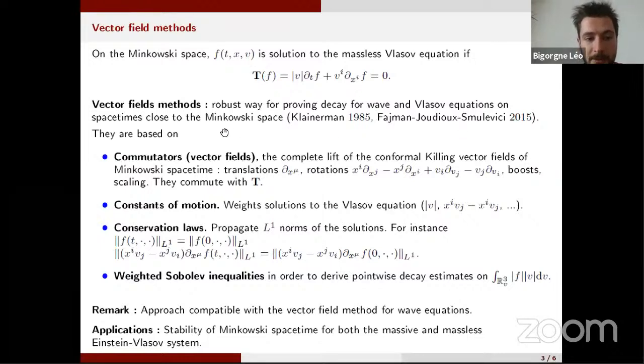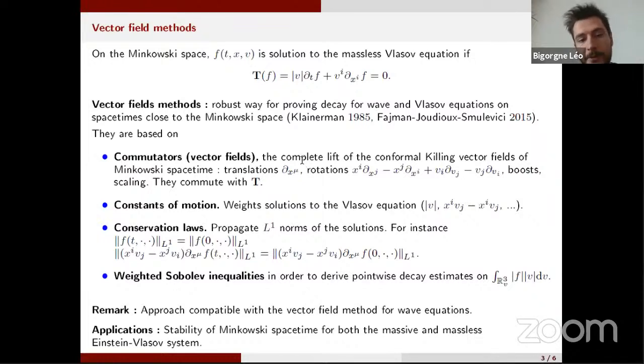So the main ideas are the following. First, we need a set of commutators, which are vector fields, which reflect the symmetries of the equation. So in the case of the massless Vlasov equation, these commutators, so the vector fields which commute with the Vlasov operator, are the complete lifts of the conformal Killing vector fields of Minkowski spacetime.